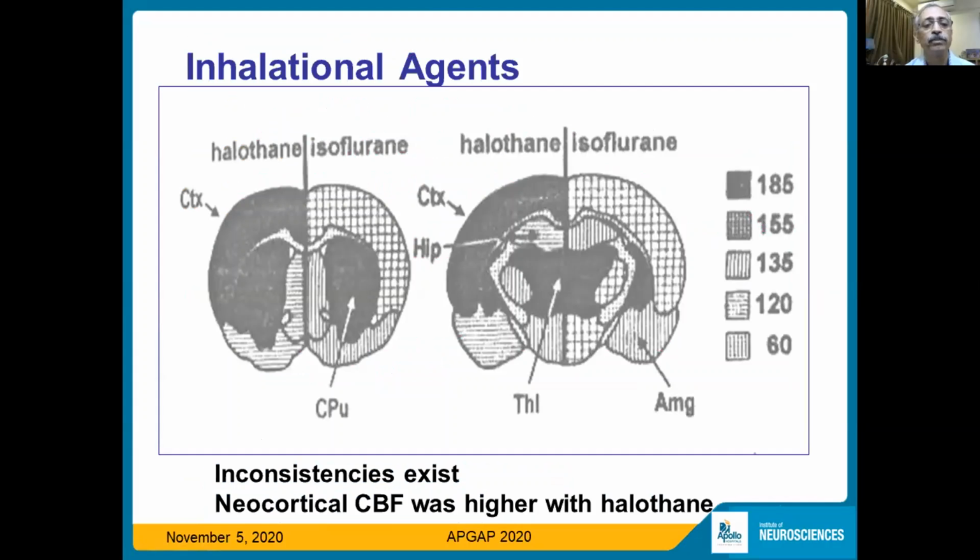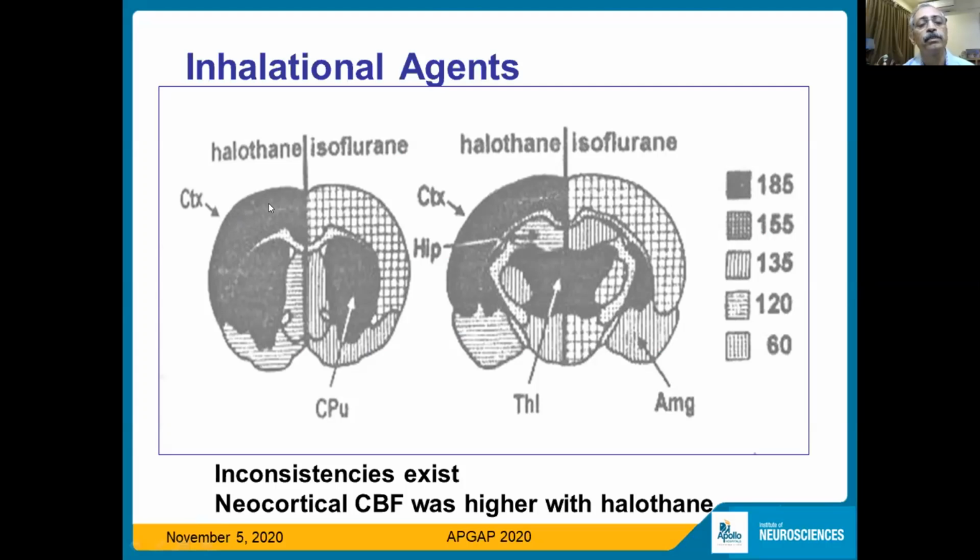I just want to show how the inhalation agents affect the cerebral blood flow. All inhalation agents do not act at the same site and do not have the same effect. If you look at halothane and isoflurane, halothane increases cerebral blood flow much more than isoflurane because it causes more vasodilation.